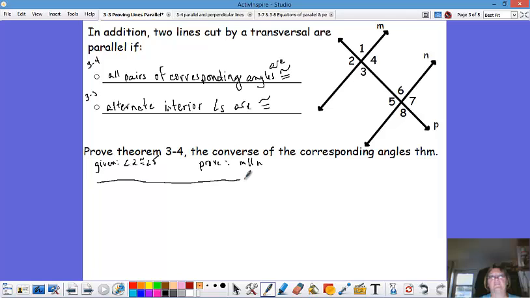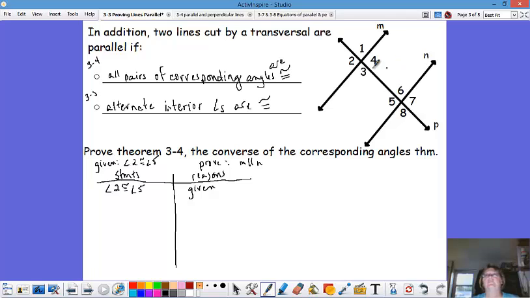So let's think about this for a minute. Get our little T-chart set up for statements and reasons. And we realize that we are going to start with the information that a pair of corresponding angles, namely angle 2 and angle 5 in my picture, are congruent. That was the given information.